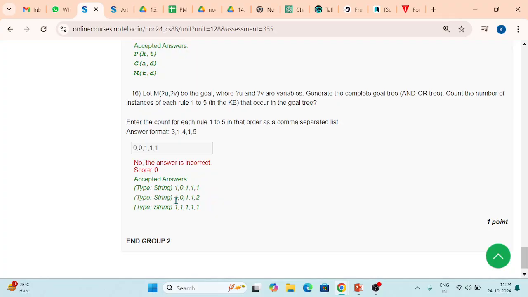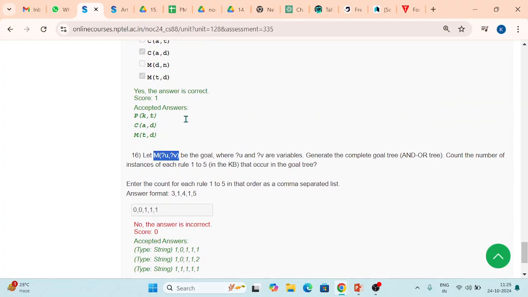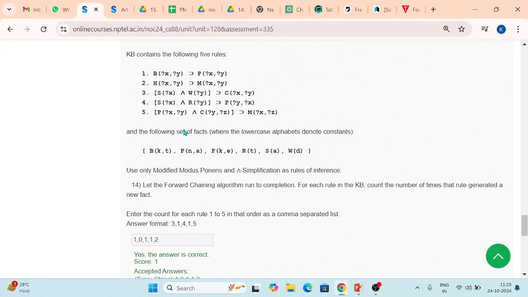If you go for the goal tree, if you construct the tree, then we can get this answer. M of UV is the goal. This M of UV you can get in two ways, by using rule 5 or by using rule 2. So there we are applying rule 2 also.